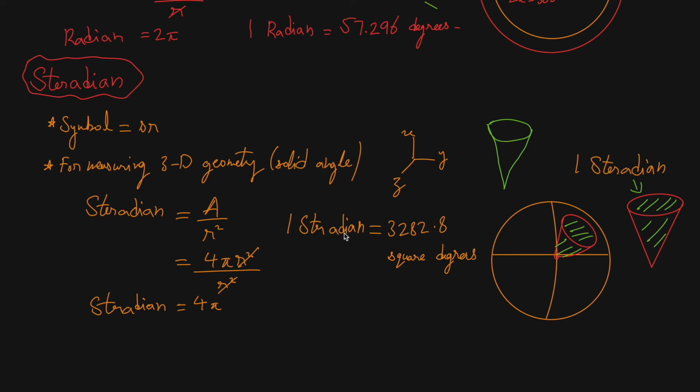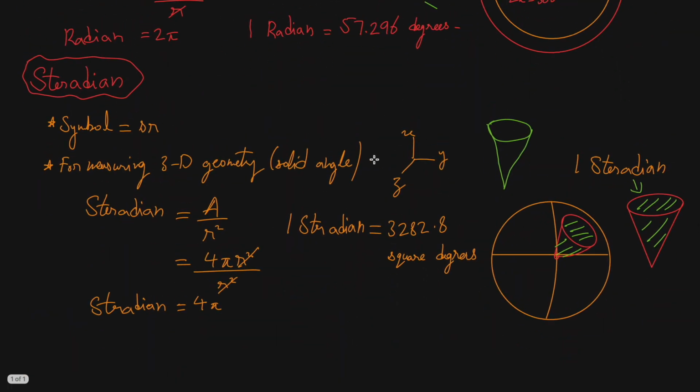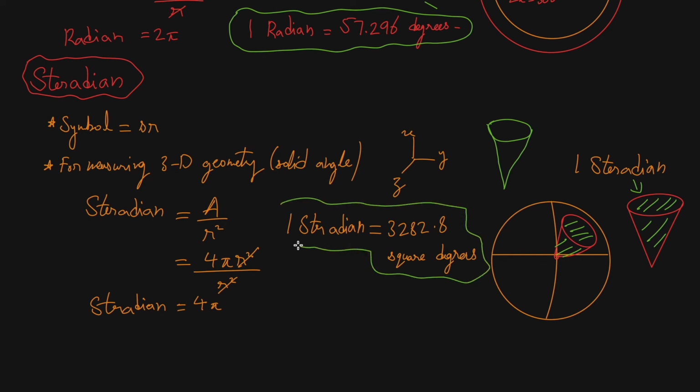One thing I also forgot to mention here: I said 1 radian equals 57.296 degrees, and 1 steradian equals 3282.8 square degrees. As you know, we are using degrees.